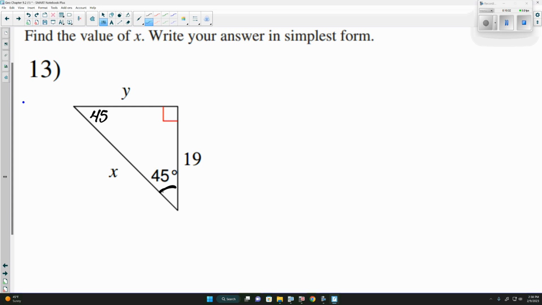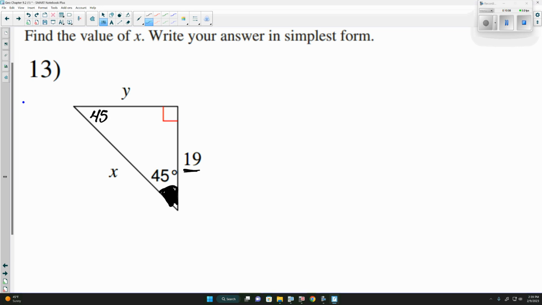Because with this angle, 45, is x adjacent, opposite, or the hypotenuse? It's adjacent to this angle here, yes? So which two trig functions use adjacent? Cosine and tangent. So we could use cosine or tangent with this angle 45.